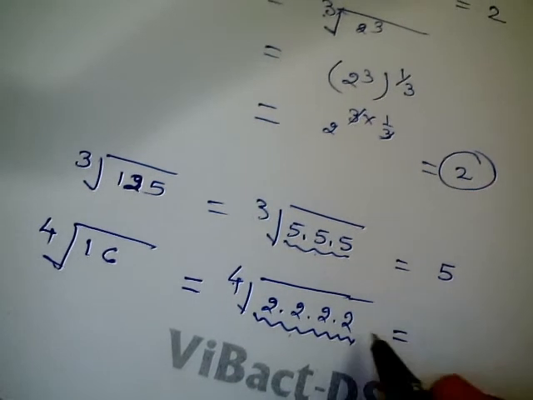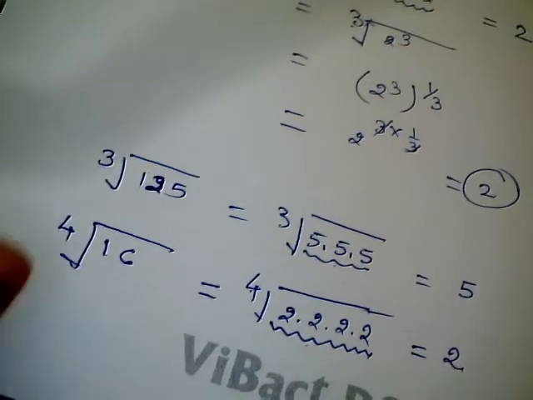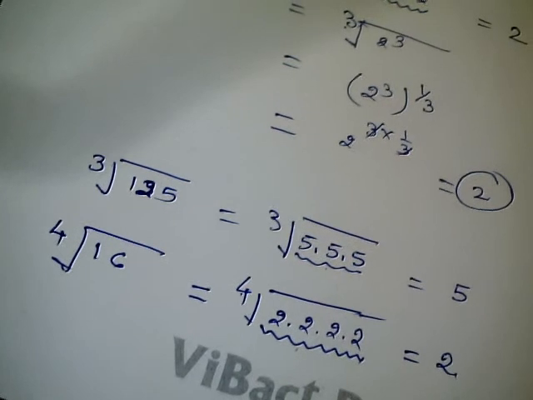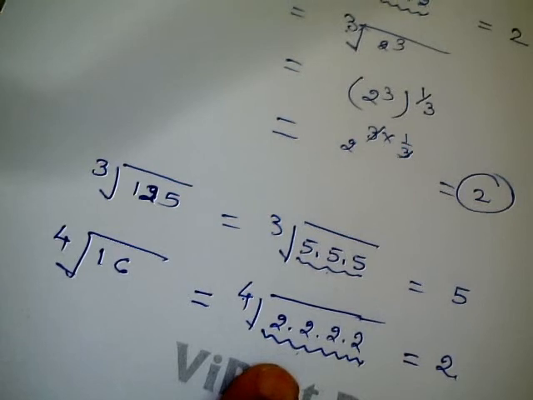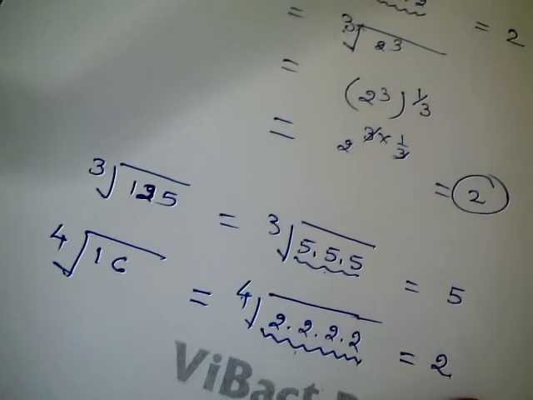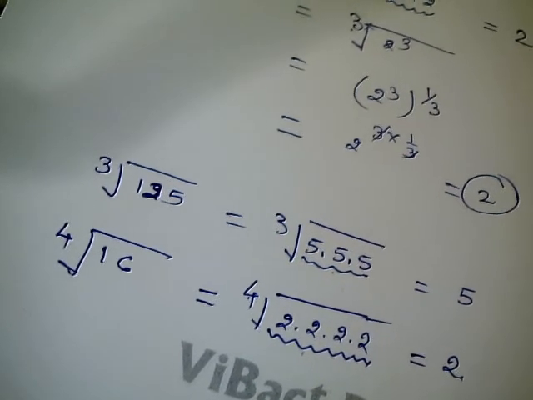If there is no index, it means we are calculating the square root. Whatever the index is, that number of times the number should be repeated. If it is repeating, then that number can come outside, otherwise it will remain inside the sign. Okay, now I'm going to attempt some questions so it will make things clearer for you.